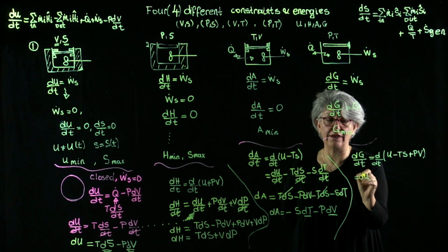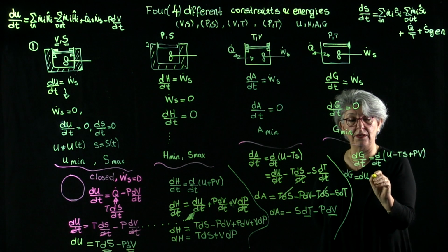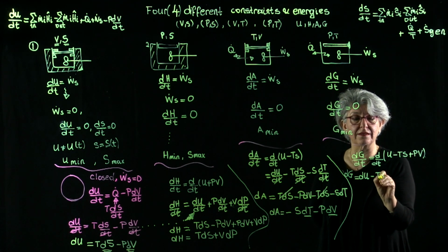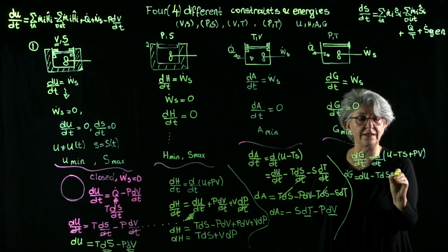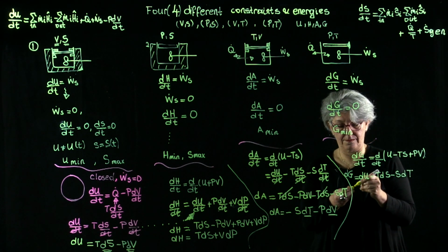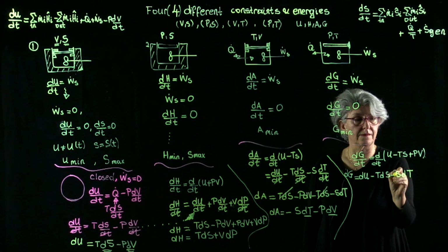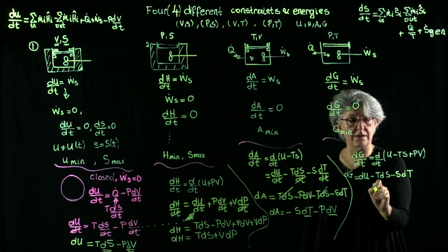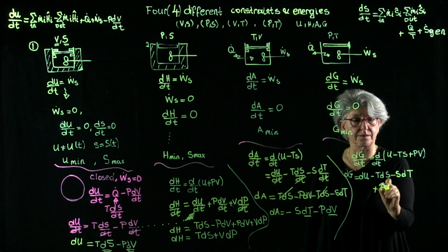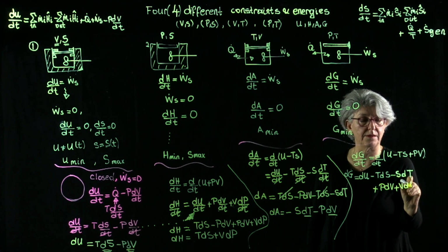Now I will skip the dt terms. dG is equal to dU minus T dS minus S dT plus P dV plus V dP.